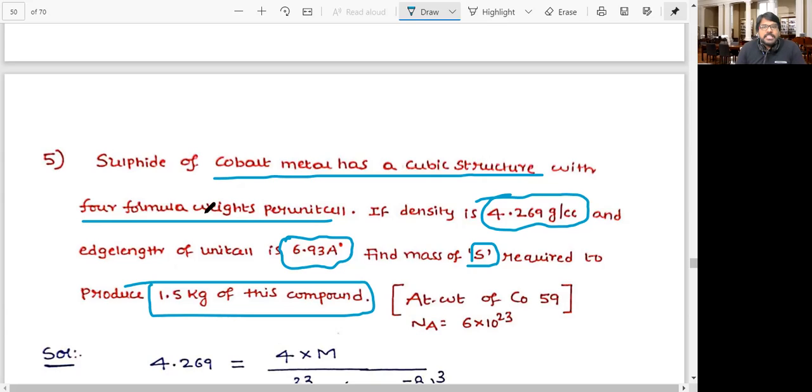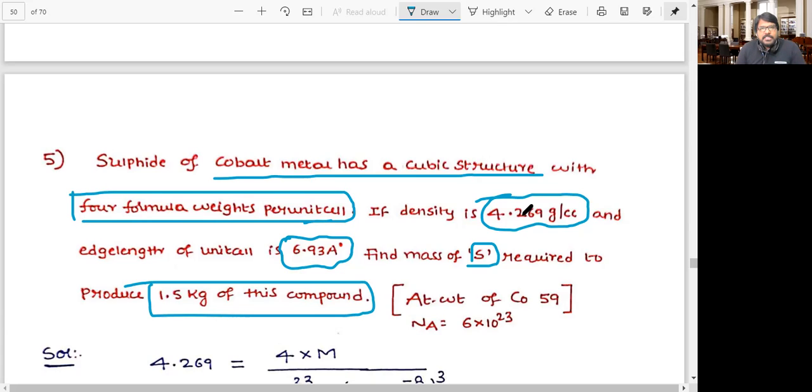So first we need to predict the formula of the solid. If you can predict the formula of the solid, it will be very easy to find the mass of sulfur required. Here the atomic weight of cobalt is given, that is 59. And he is also saying that there are 4 formula weights per unit cell.